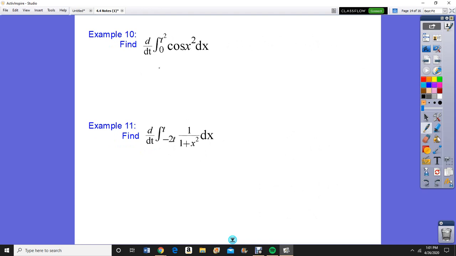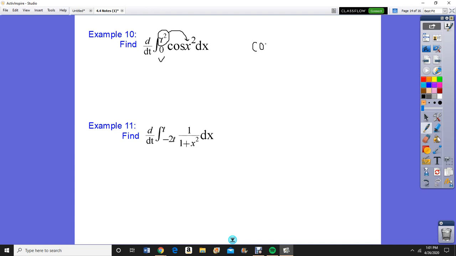On this next example, we'll start to change this variable expression, and we will now take the derivative with respect to t for the integral from 0 to t squared of cosine of x squared dx. So the constant is on the bottom. Check. We will now take this t squared and plug it into this function.